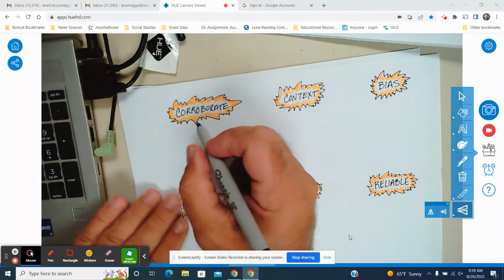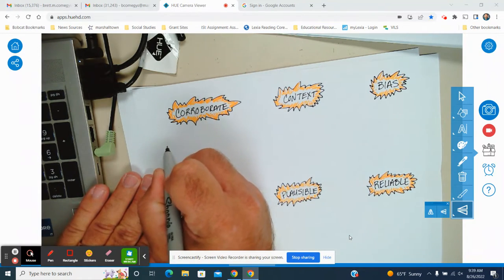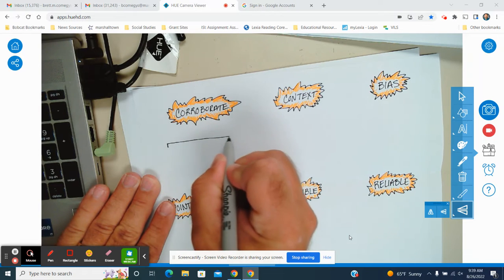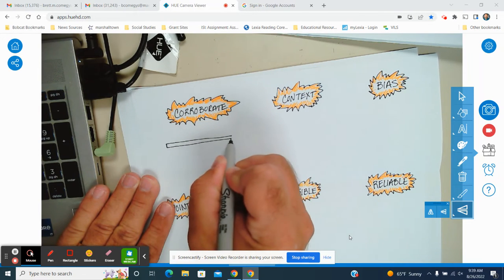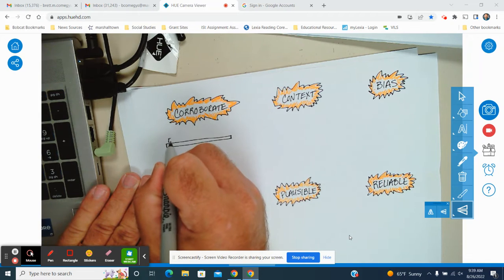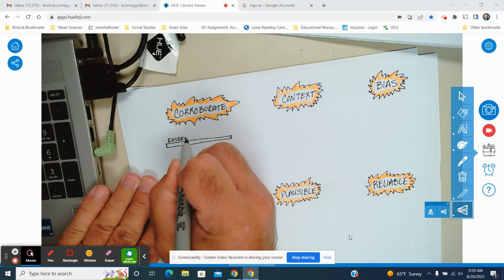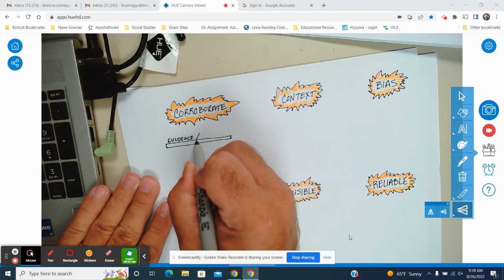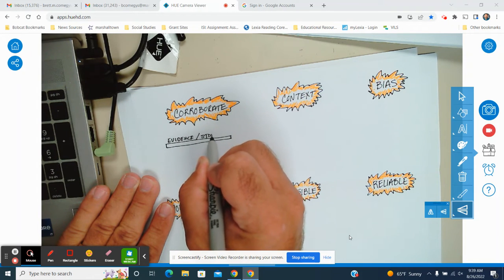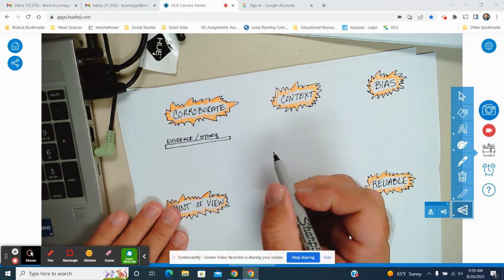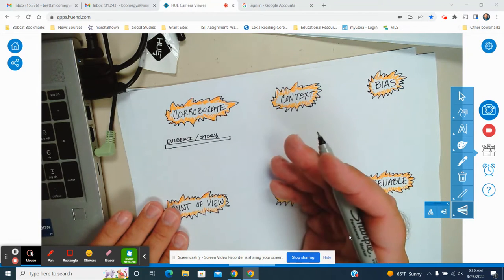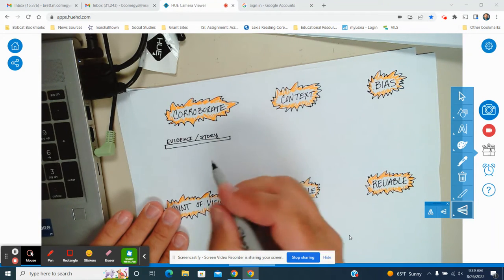Corroborate, very first thing. Now, corroborate really just means support. And when I talk about support, I'm talking about evidence, facts, information. We're trying to support a story. If you were accused of a crime, it'd be like an alibi.